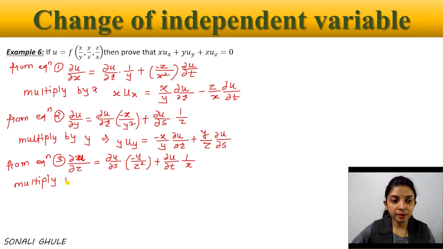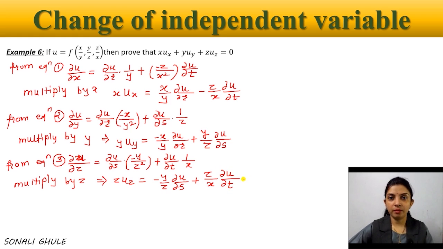So multiplying by z, what do we get? Z uz is equal to minus y upon z u with respect to s plus z upon x u with respect to t.